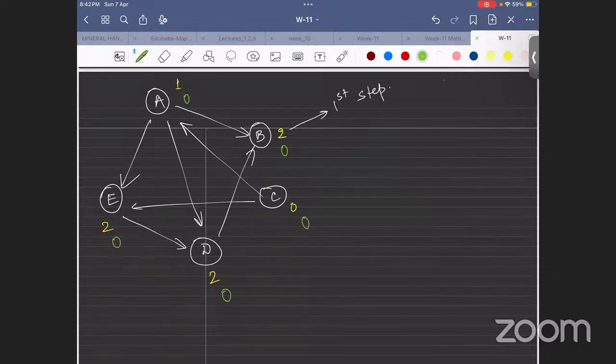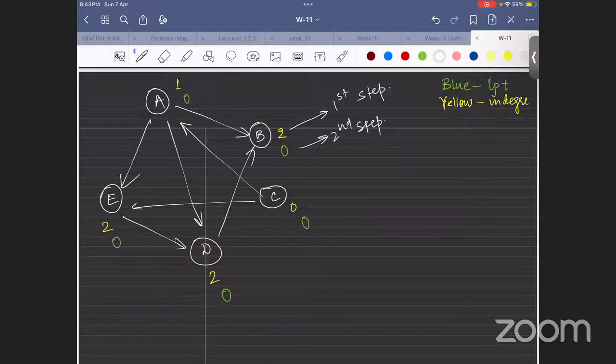So for blue I'll be writing LPT, and yellow is for the in degree. So this is the second step. It is done.